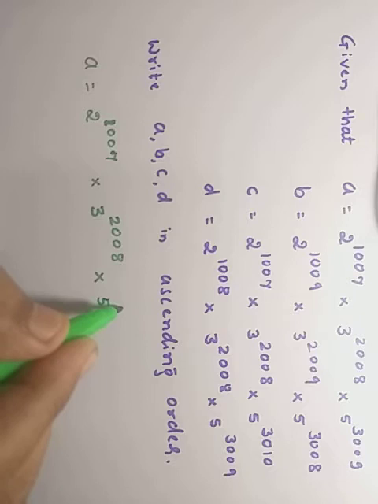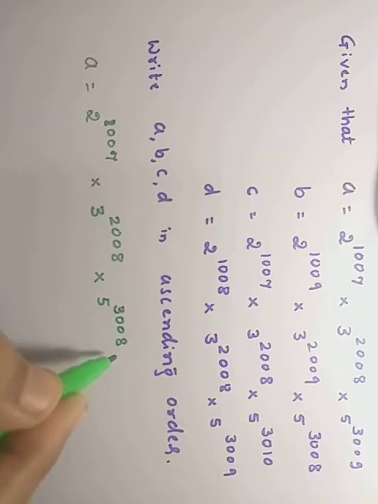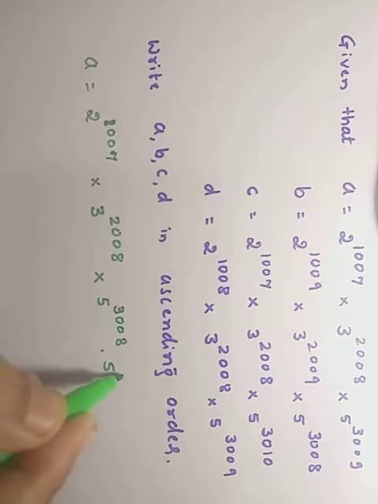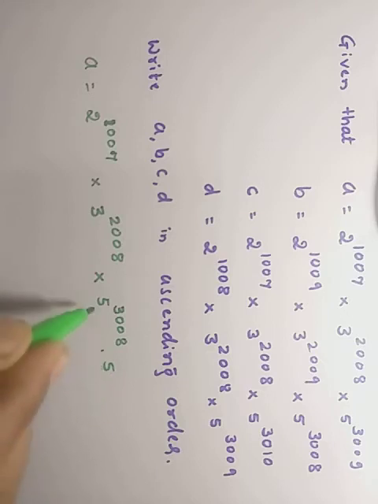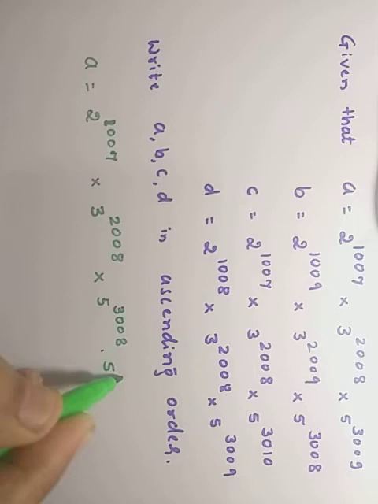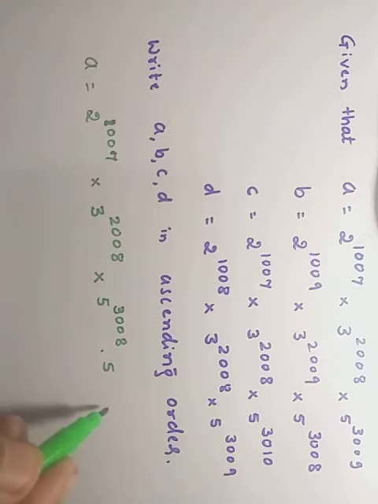So 5 to the power 3009 can be written as 5 to the power 3008 into 5. That is, according to law of index, a raised to m into a raised to n is equal to a raised to m plus n. 3008 plus 1, that becomes 3009. That is the logic being used here.